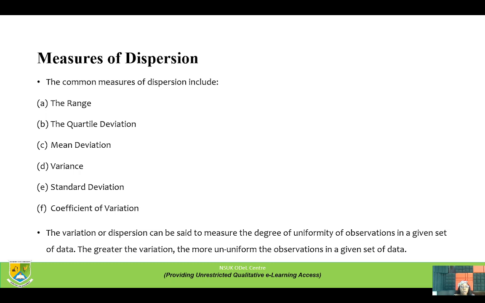The variation or dispersion can be said to measure the degree of uniformity of observations in a given set of data. The greater the variation, the more non-uniform the observations in a given set of data are.